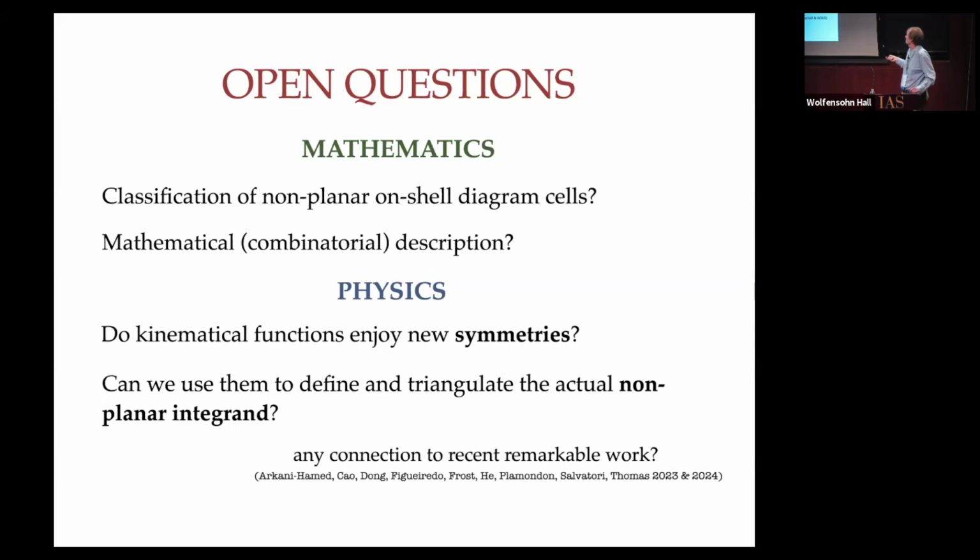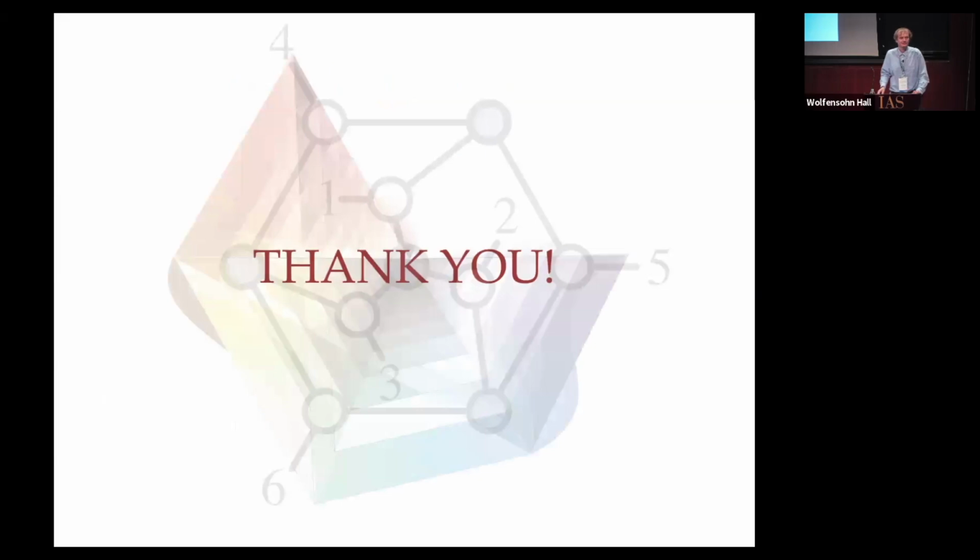It might also help define some non-planar version of the amplituhedron, and these objects will triangulate it. But we don't know at the moment what it is. Now, as I said, there is some exciting recent work which contains a new definition of the non-planar integrand. So the question is whether it interplays with the things that we see here. And that's all. Thank you.